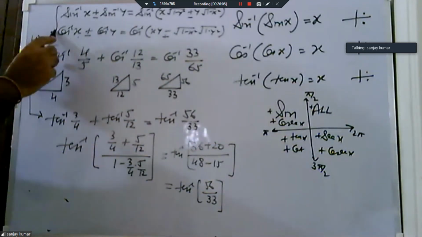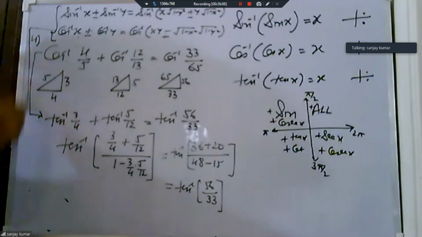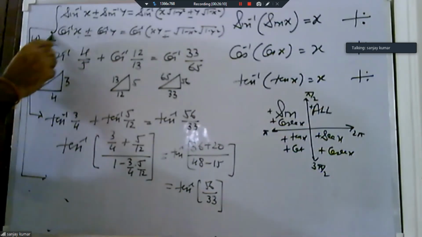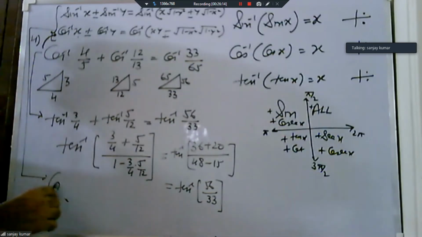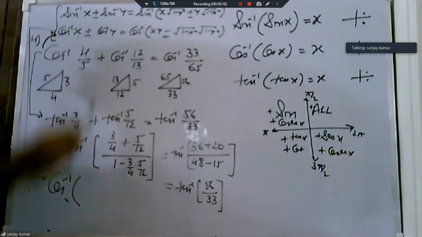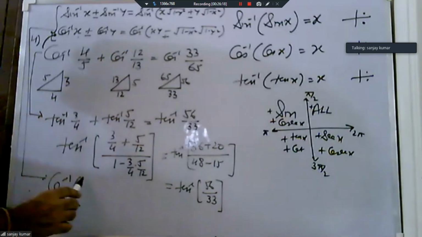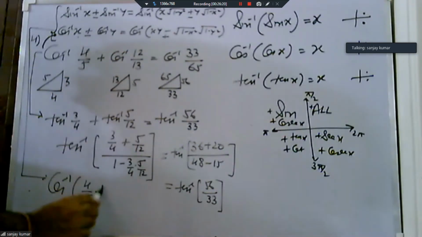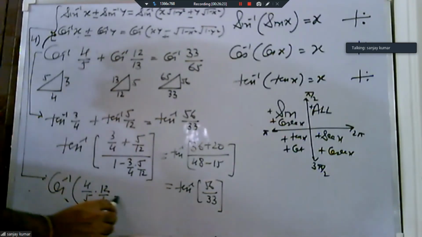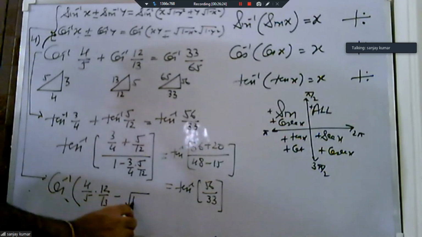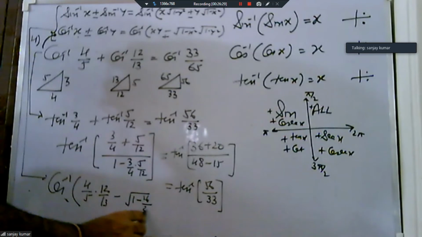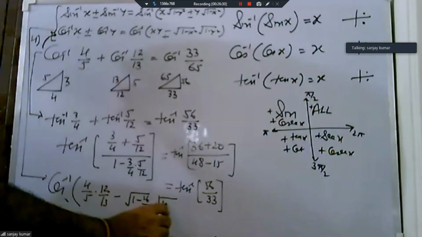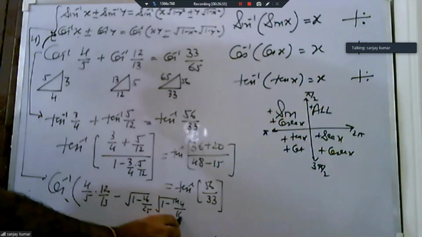Now I am doing the second method, in which we apply the formula directly. What is the formula? Cos inverse of x into y, that means 4 by 5 into 12 by 13, minus under root 1 minus x square, that is 16 by 25, into 1 minus 144 by 169.